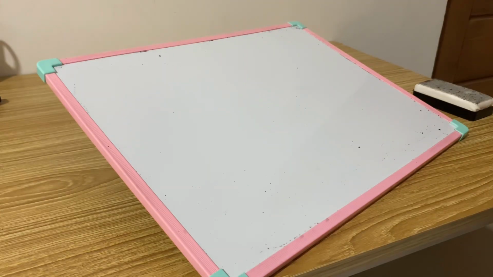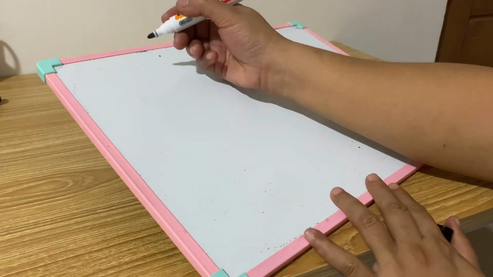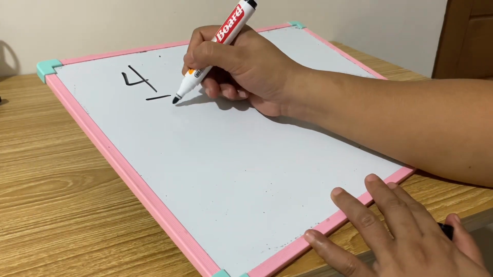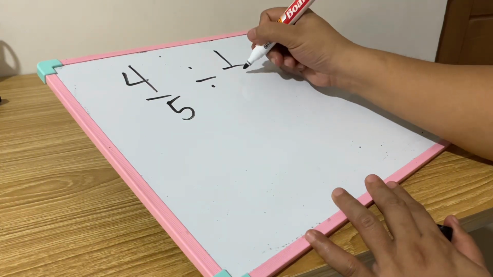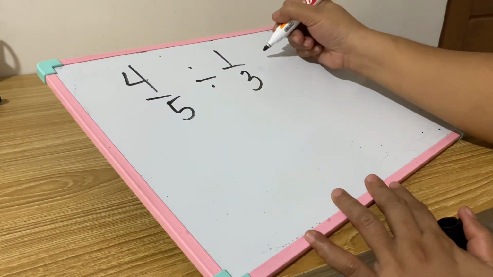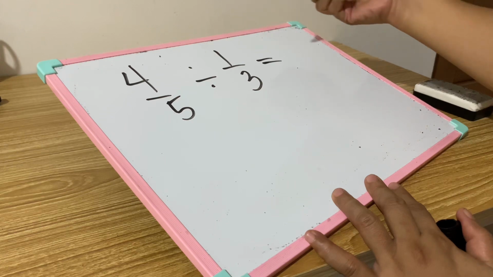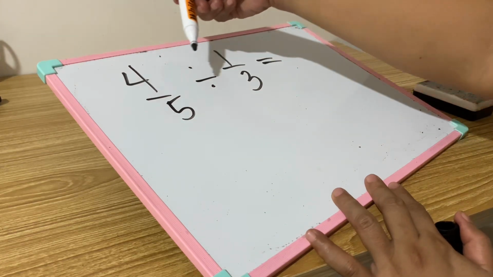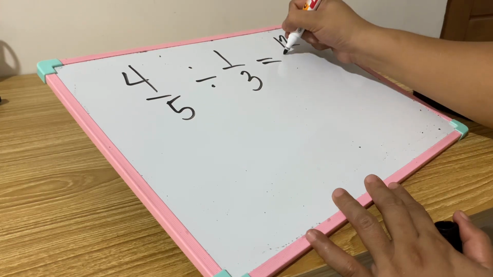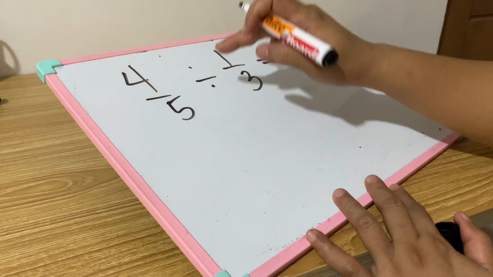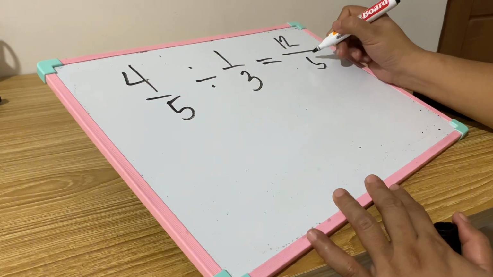So again, let's have a recap with this example. Let's say 4/5 divided by 1/3. Okay? So, let us cross multiply: 4 times 3 equals 12, our numerator. And then 5 times 1 is 5.